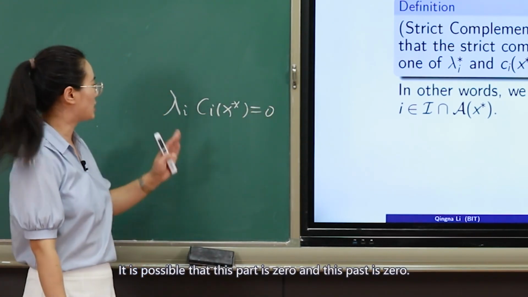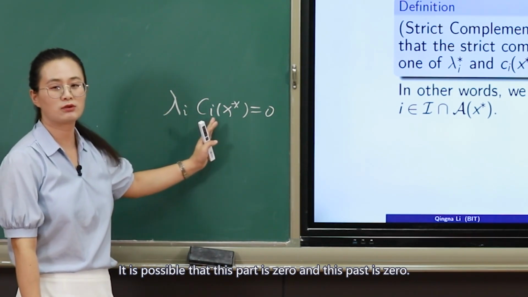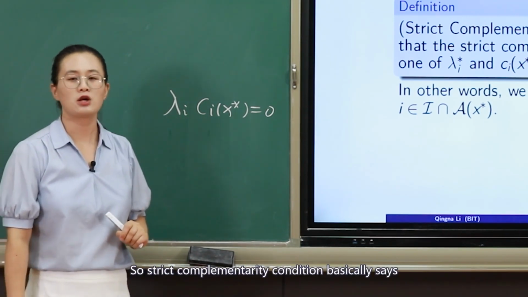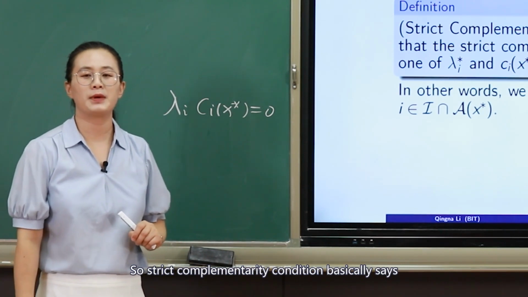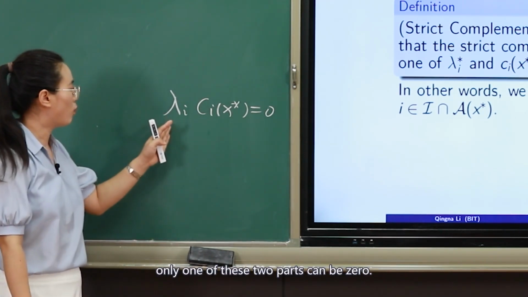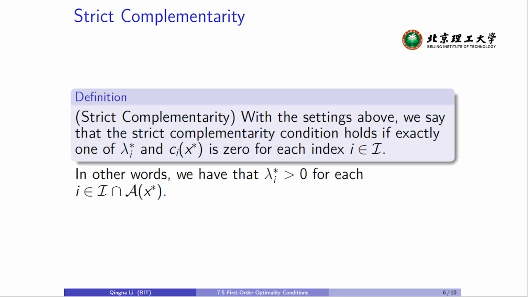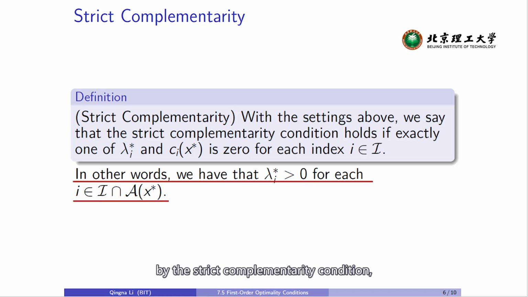So it is possible that this part is 0 and that part is not, and it is also possible that both of the two parts are 0. The strict complementarity condition basically says only one of these two parts can be 0. In other words, by the strict complementarity condition, if this constraint is an active inequality constraint, then the coefficient lambda i is strictly greater than 0.